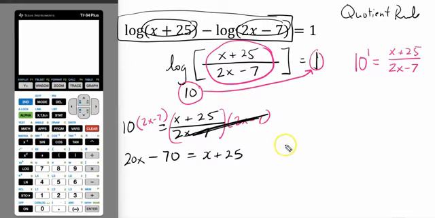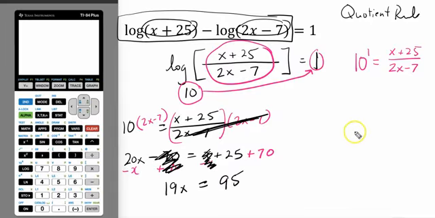Now I need to solve this for x. So I need to get everything with x on the left-hand side. So I'm going to subtract x from both sides. So that's gone. And then this does not have an x in it, so I'm going to get rid of that. I'm going to add 70 to both sides. So 20x minus x is 19x. And then 25 plus 70 is 95.